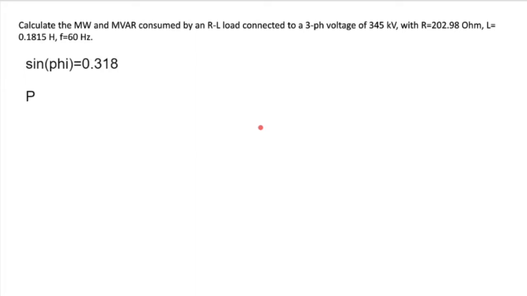Now you calculate phase voltage, which is line voltage over square root 3. Tell me the phase voltage.